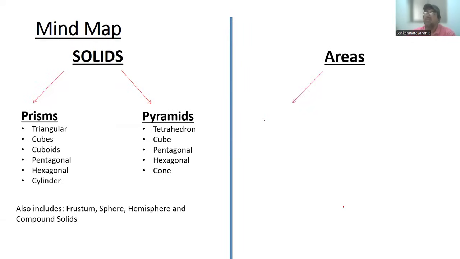Under areas, you are going to learn how to find the lateral surface area and also the total surface area associated with the prism and the pyramid, both. We will discuss some easy methods with which you can remember those formulae, and I will include it in this video. And also, we will be finding the various formulae that are going to help you find the volume of these solids under consideration.